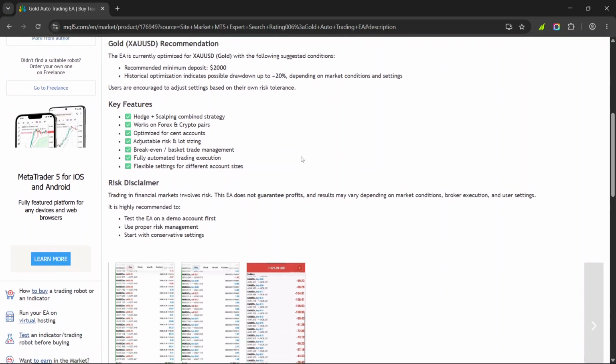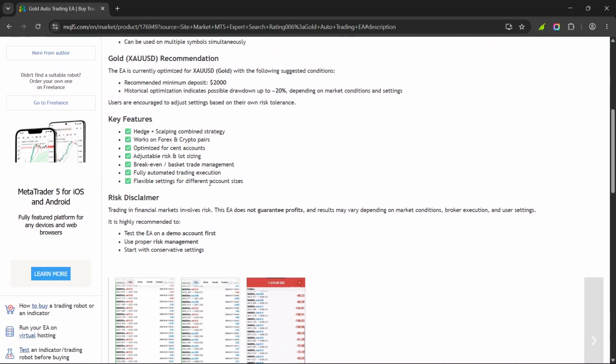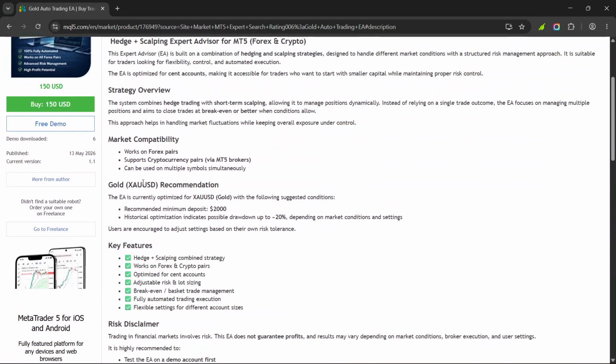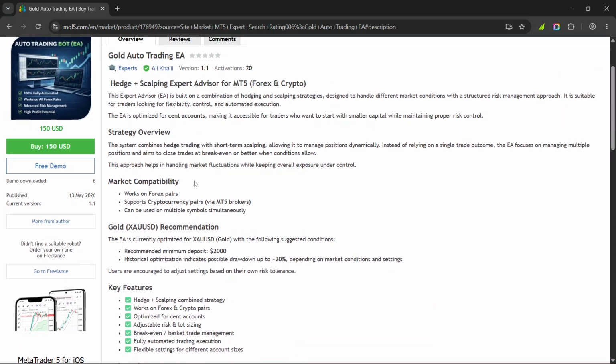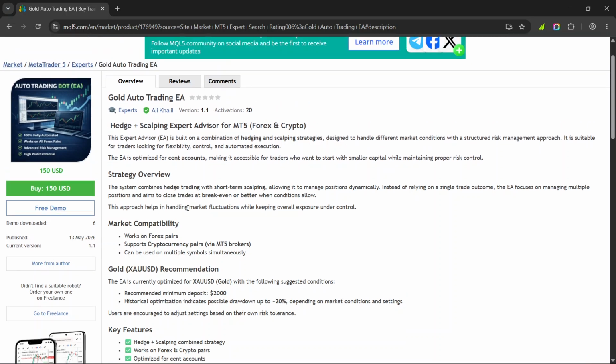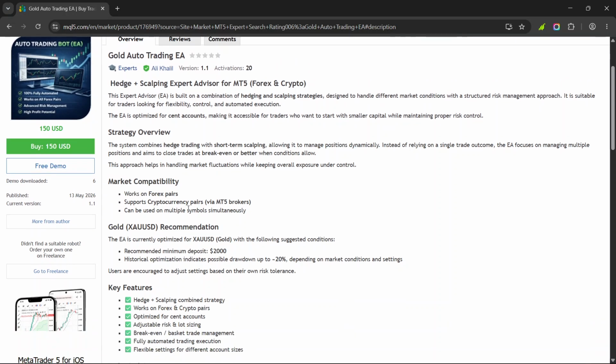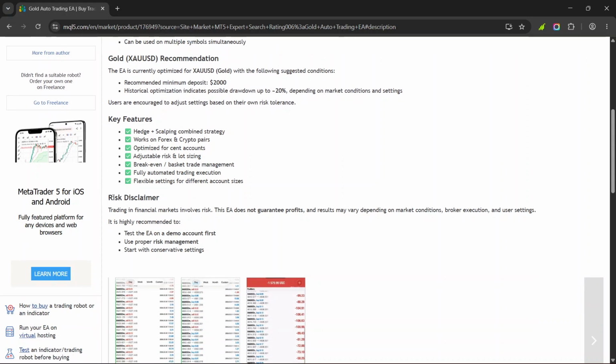Now, looking at the key features: there is a hedge plus scalping combined strategy, it works on forex and crypto, optimized for cent accounts, adjustable risk and lot sizing, break even, and basket trade management, fully automated with flexible settings for different account sizes. There's also a risk disclaimer right there stating trading involves risk, no guarantees, results vary by market, broker, and your settings.